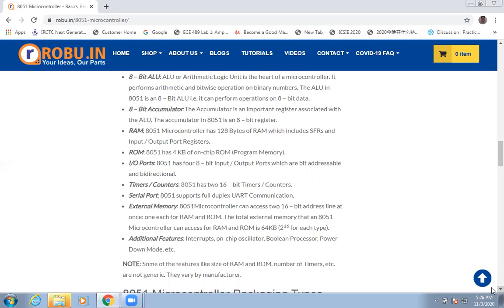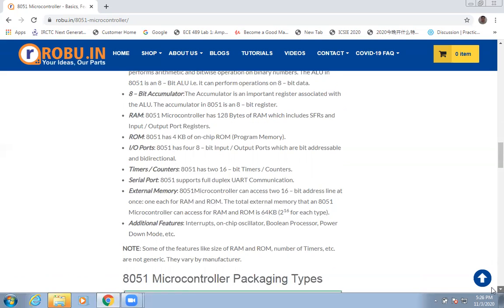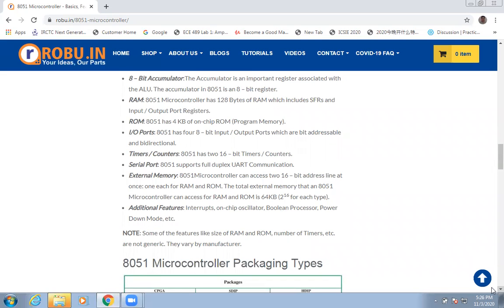External memory. The 8051 microcontroller can access two 16-bit address lines at once, one each for ROM and RAM. The total external memory that an 8051 microcontroller can access for ROM and RAM is 64 kilobytes, that is, 2 raised to the power 16 for each type, that is, RAM and ROM.